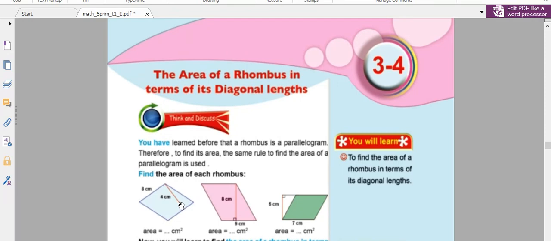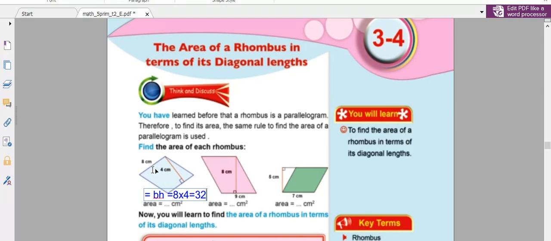We say base times height, so 8 times 4. BH equals 8 times 4 equals 32 centimeters squared. That's generally how we get the area using the side lengths.